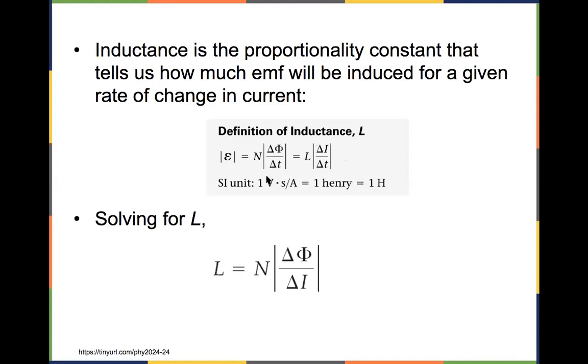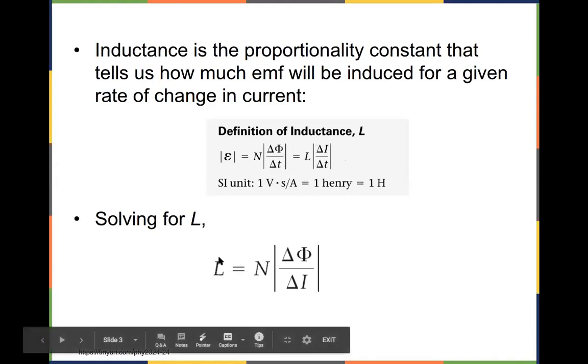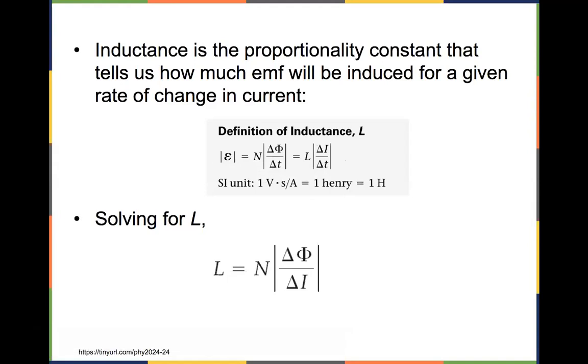If you set the latter two terms equal to each other, then L can also be calculated as N delta phi over delta I. You can use the change in the flux and the change in current to calculate the inductance, and N will be the number of turns of coils you have in a solenoid.